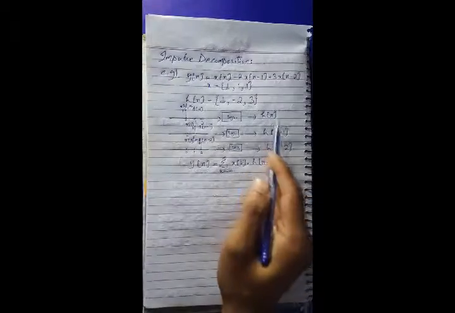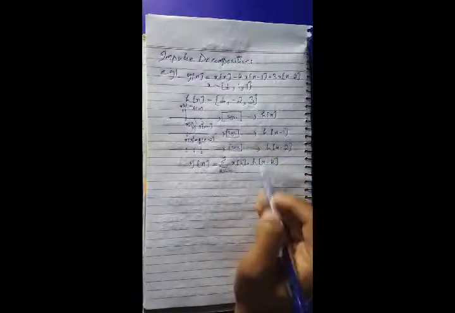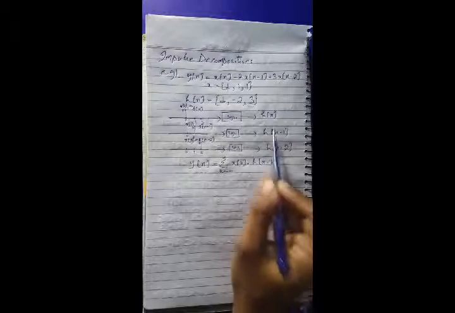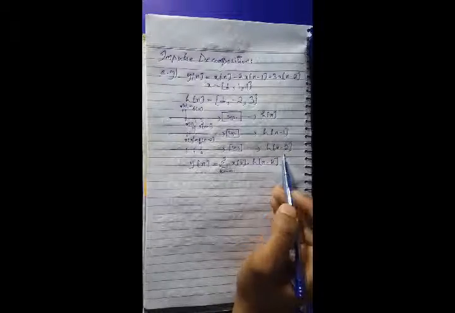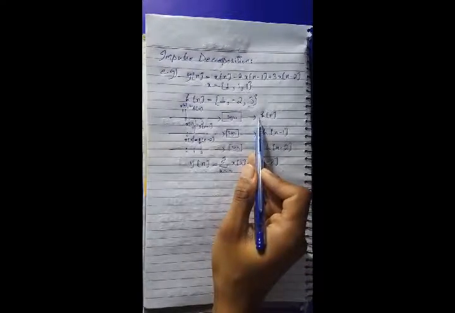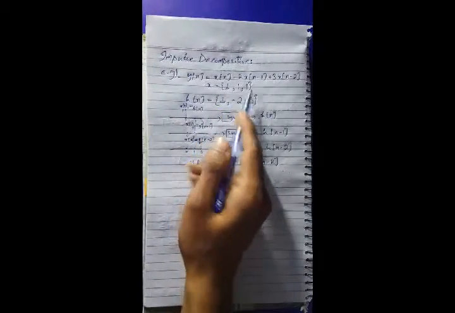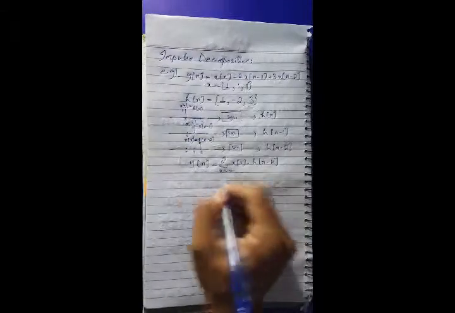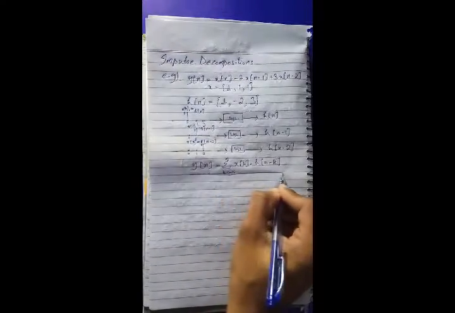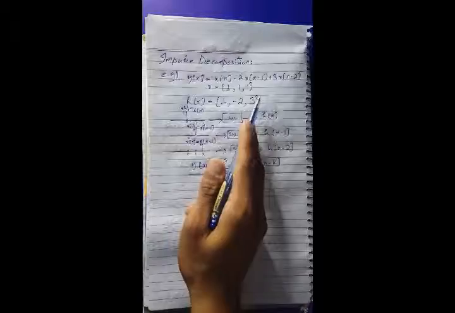In this equation we are getting the shifted impulse responses, and the coefficient is 1 because we have the signal 1 1 1. So this is the concept of impulse decomposition.